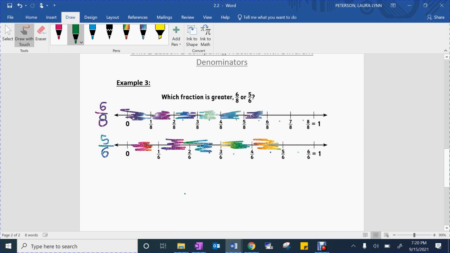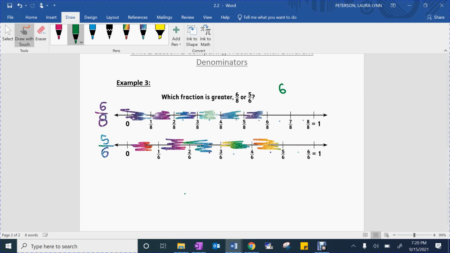Well, hopefully you're seeing that 5/6 got shaded more than 6/8. What that means is that 5/6 is greater than the other fraction. So let's use our alligator symbols. Next to the question where it says which fraction is greater, let's rewrite them.